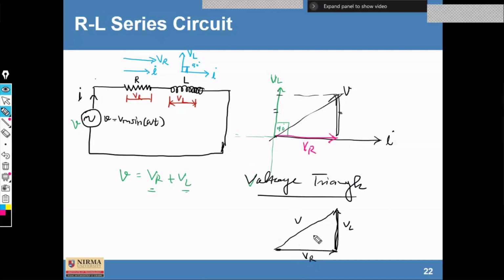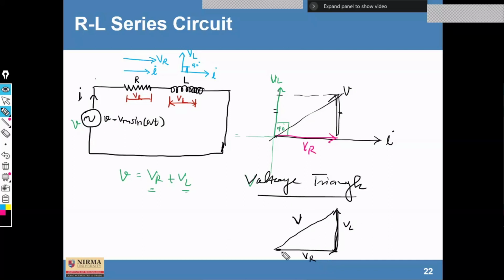Fine. So here this is the vector, and vector V is the combined, total voltage applied to the circuit, and we can have VR and VL. So here we have three different voltages: source voltage, voltage drop across resistor, voltage drop across inductor.